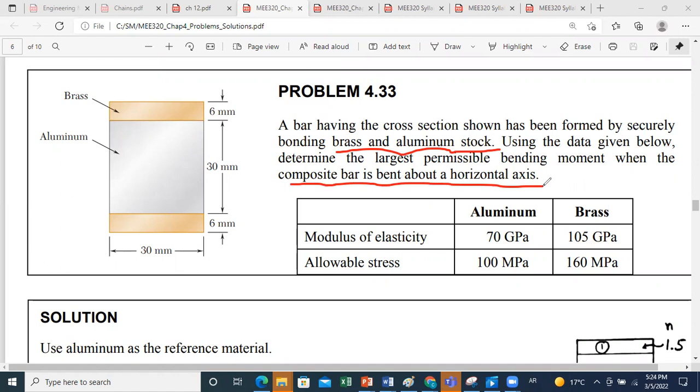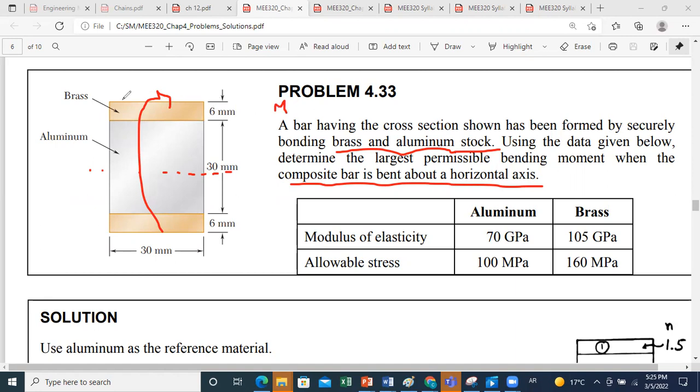And this means that, as I told you before, the vector moment will be along this axis, okay? Whenever they don't specify, they just say it's a bending moment, a positive bending moment.